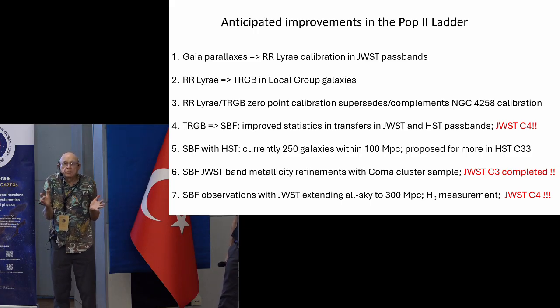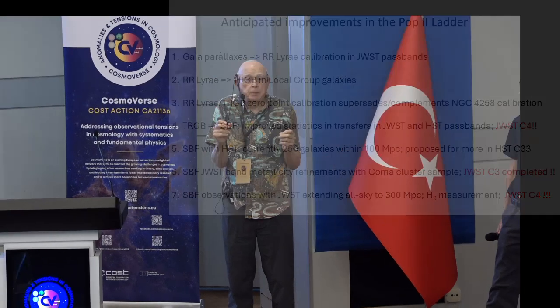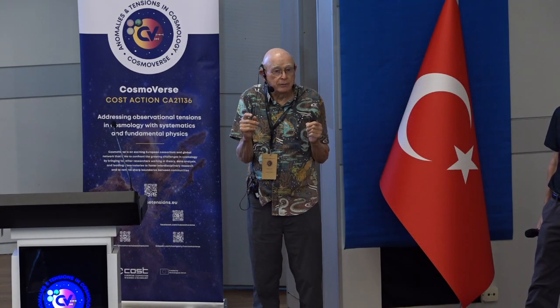But what if there are peculiar velocity flows at that level? That'll be exciting to know. But let's say we have a nice calm universe that's just expanding isotropically at that level, 1%.